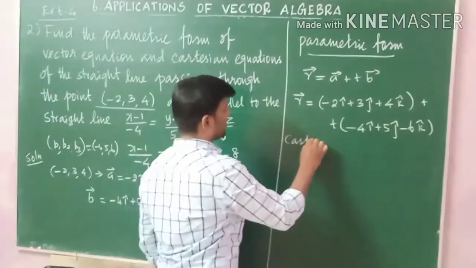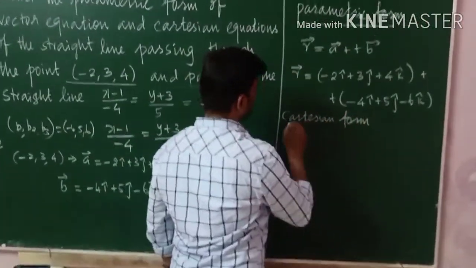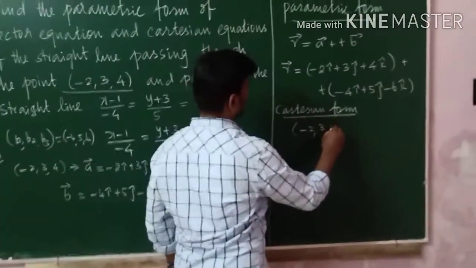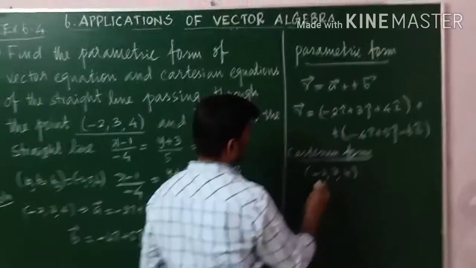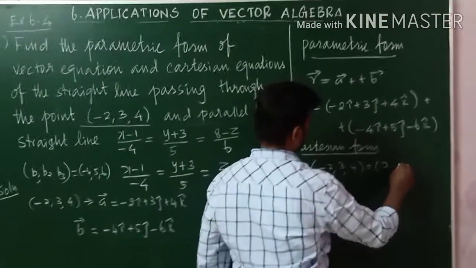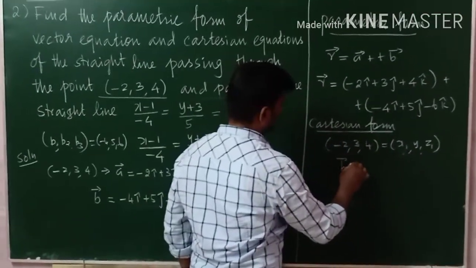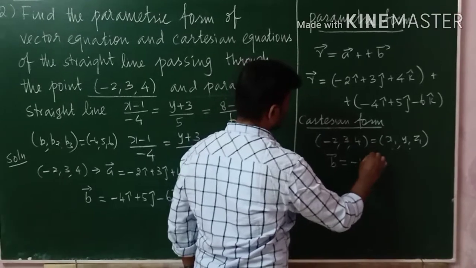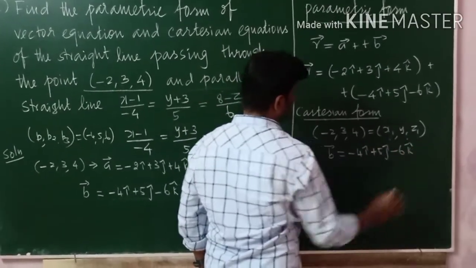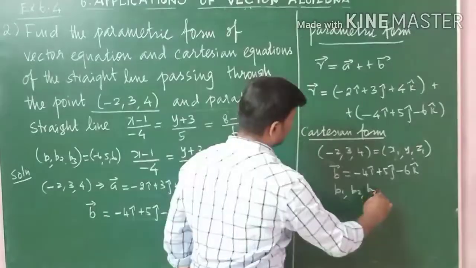And what is the Cartesian equation? So the straight line passes through the point minus 2, 3, 4, so we will take this as x1, y1 and z1, and it is parallel to the vector B vector equal to minus 4i cap plus 5j cap minus 6k cap, whose direction ratios are b1, b2, b3.